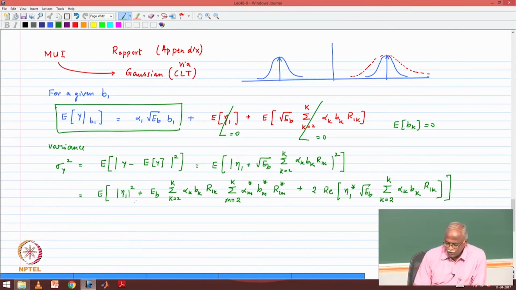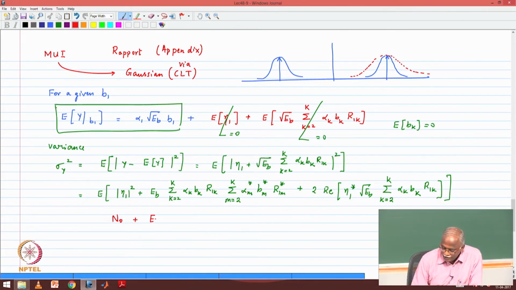So the first one is the noise term, AWGN, given by the noise variance N naught. Now the expected value of Bk Bm star, if k is not equal to m, these will be independent and zero mean, so that term will cancel. What we will be left with is only when k and m are the same.